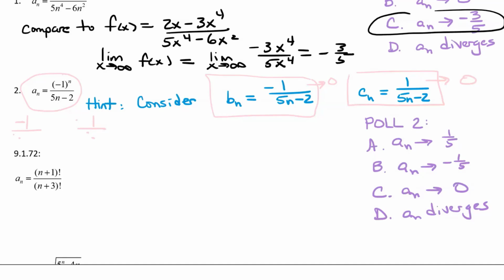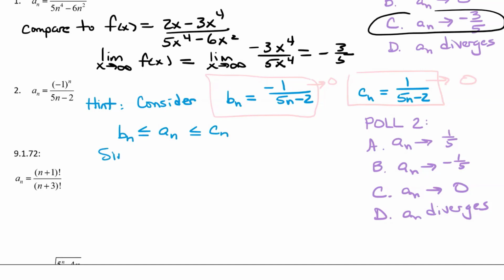How do we then translate that to help us with A sub n? What do we know about A sub n that lets us know that if those two are going to 0, then that one has to go to 0 as well? That's right, very good. The sandwich theorem is one way we could rationalize this. So we would say B sub n is always less than or equal to A sub n, and C sub n is always greater than or equal to A sub n.